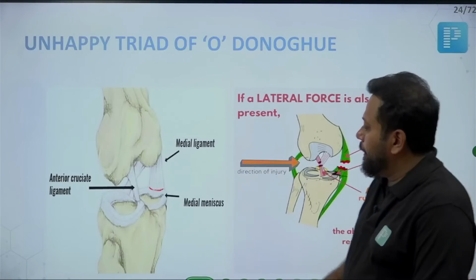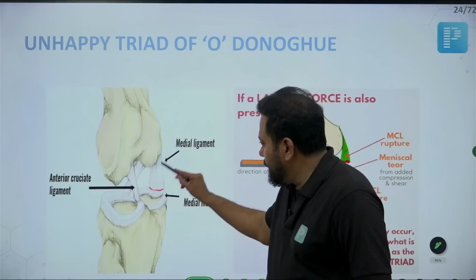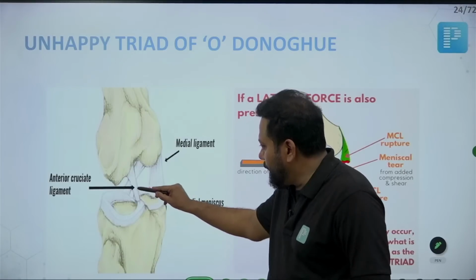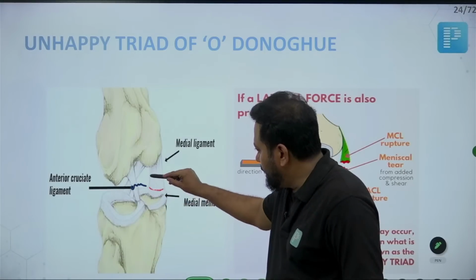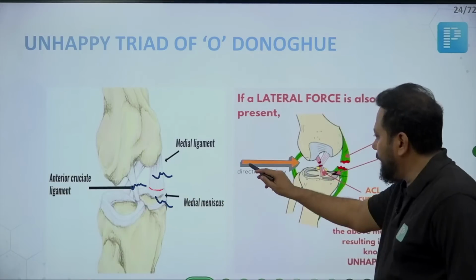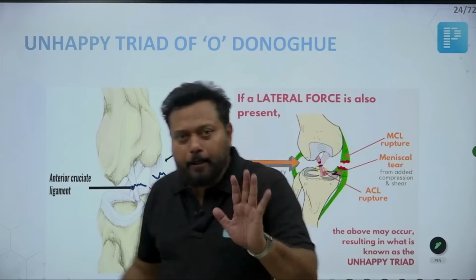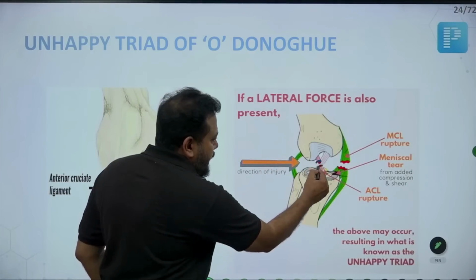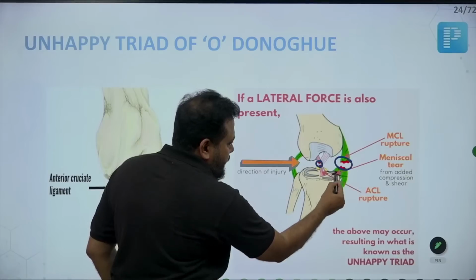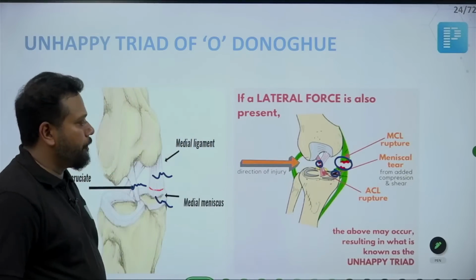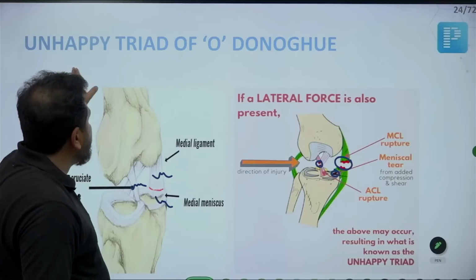You see, normal anterior cruciate, this is medial collateral, this is your medial meniscus. When anterior cruciate is gone, medial collateral is gone, medial meniscus is gone. Look here, the direction is from the lateral side, a direct hit by a two-wheeler or some force on the lateral side: anterior cruciate is cut, medial collateral is cut, medial meniscus is cut, and this is called terrible triad of knee, otherwise called unhappy triad of O'Donoghue.